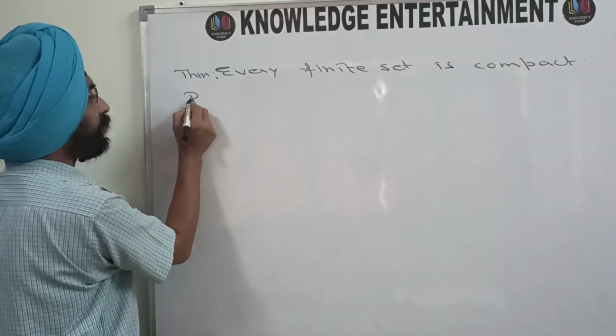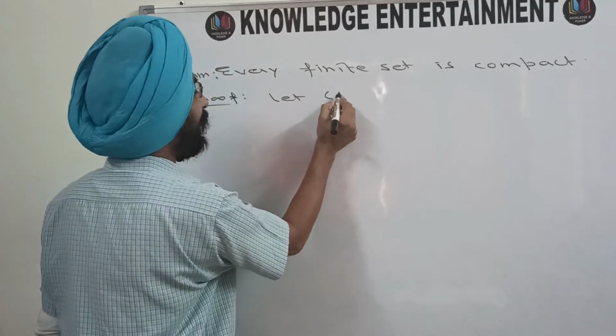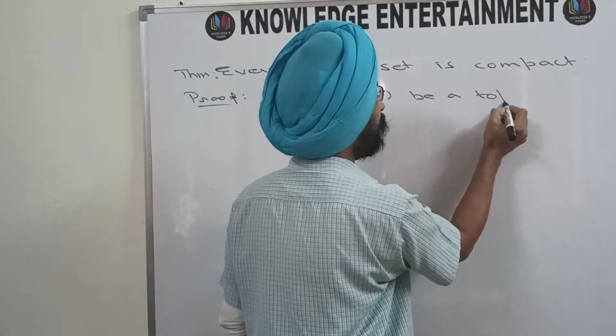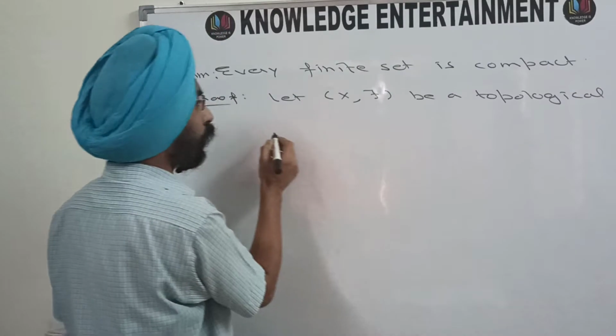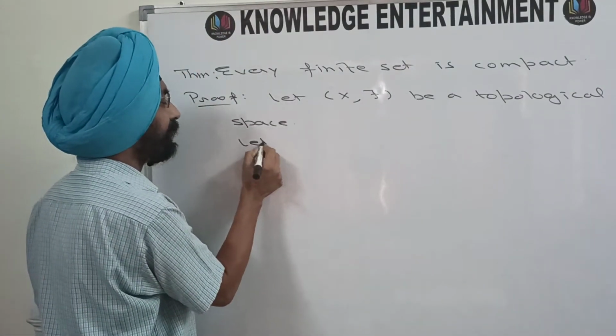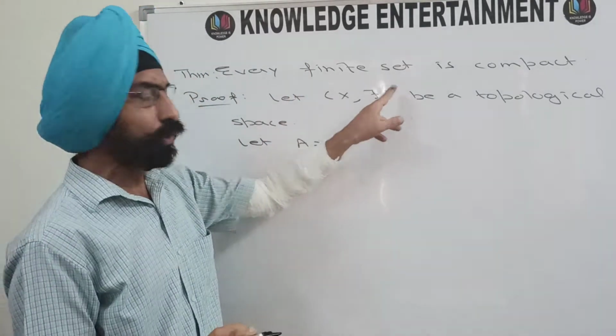So I am starting with the proof. Let (X, τ) be a topological space. Let A, because I'm talking about a finite set, so A must be finite.